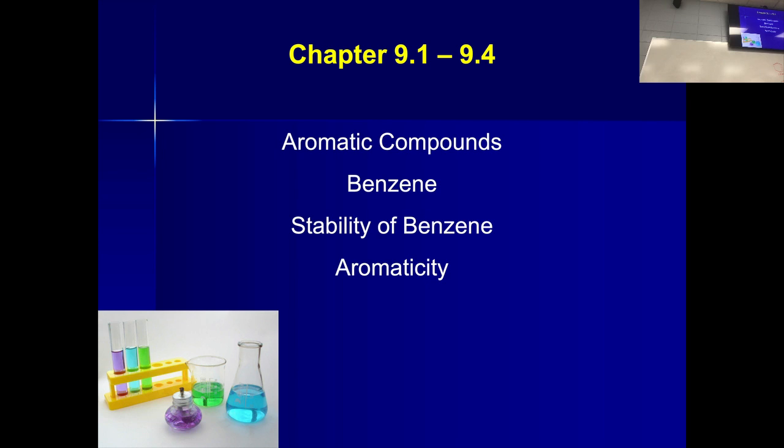But wait a second, I thought I just told you that double bonds react with bromine, and we just demonstrated that a double bond will react with bromine to give a colorless solution. So what's going on? What do you think's going on? State the obvious. Is benzene selective? Okay, that's true.